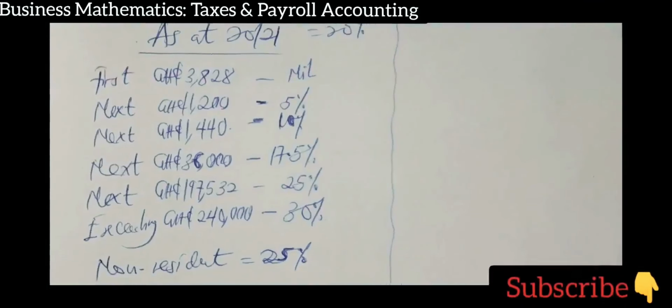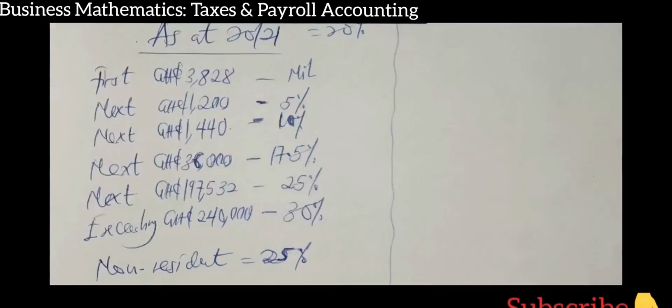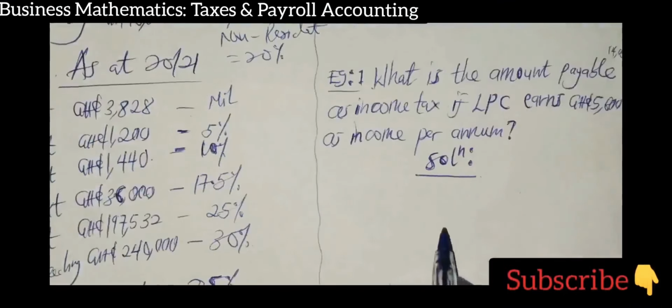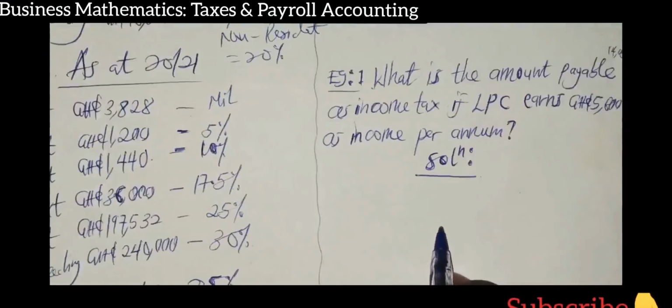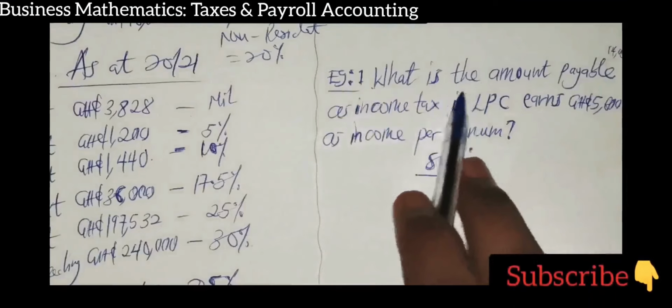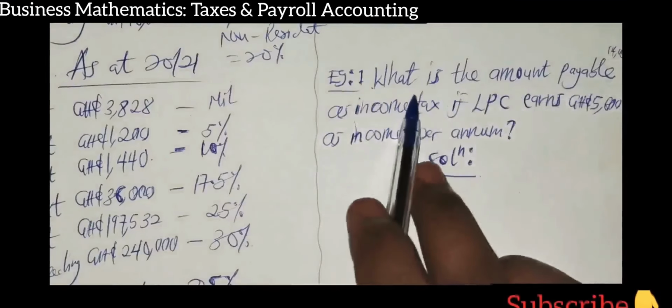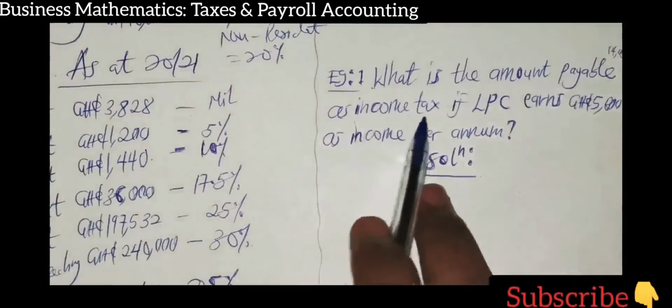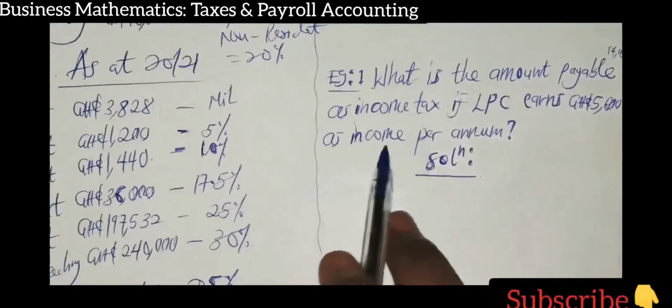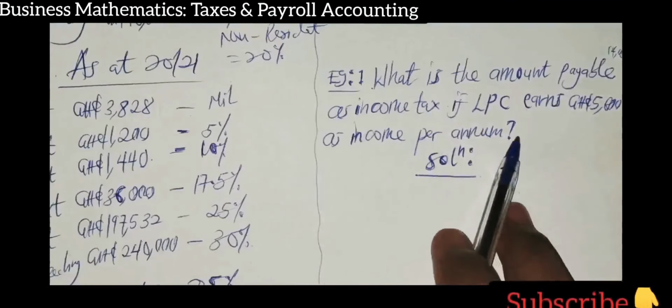From here we move on to payroll accounting. So this is our first question on income tax. Example 1: What is the amount payable as income tax if LPC earns 5,600 as income per annum?